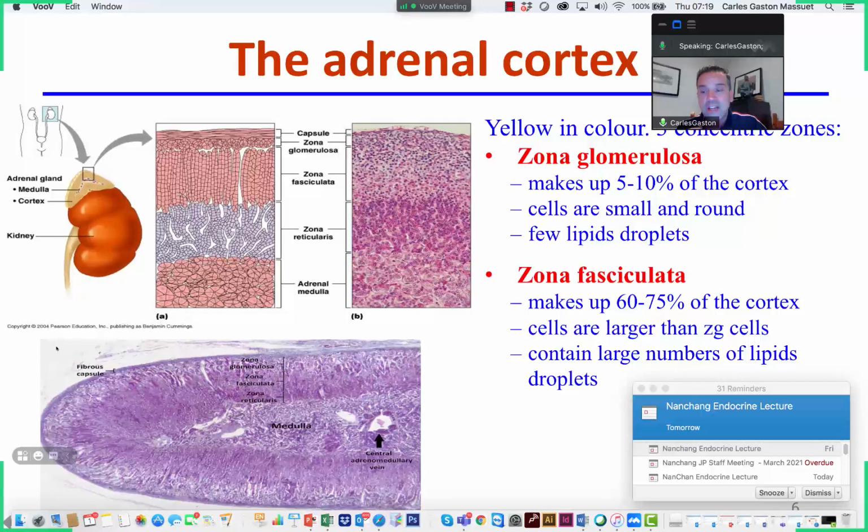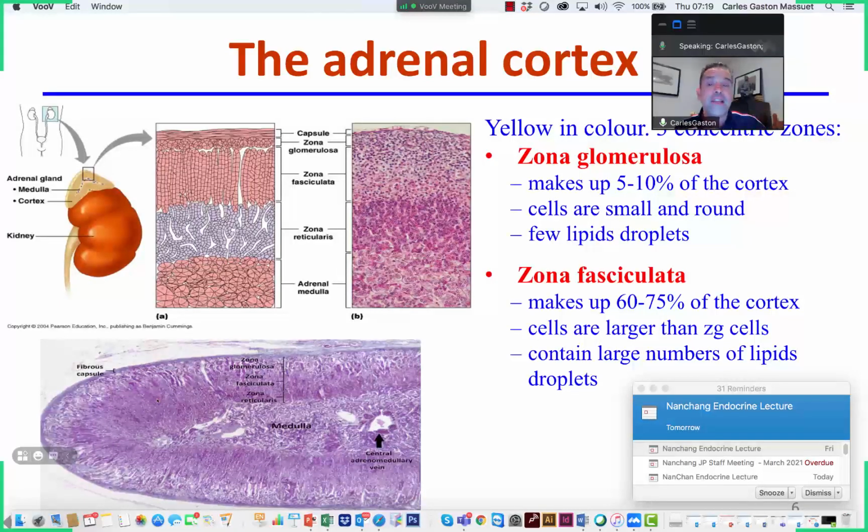We can see the fibrous capsule, the capsule cells, again zona glomerulosa, zona fasciculata, and zona reticularis, and the medulla of the adrenal gland with the central adrenal medulla vein. Why are these different zones or different zonations important?